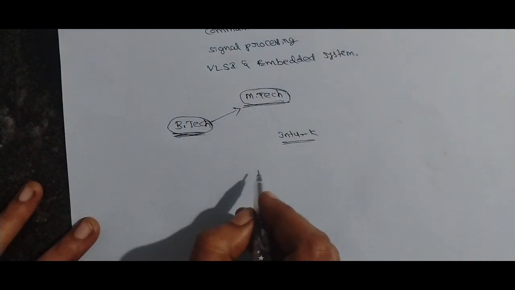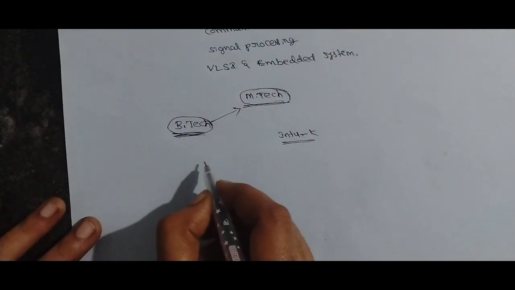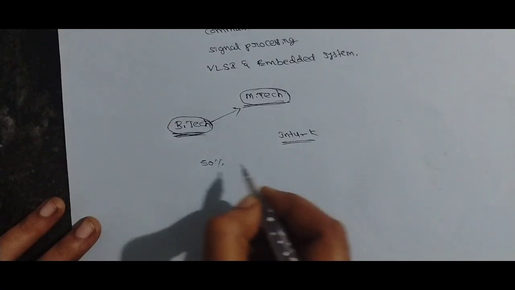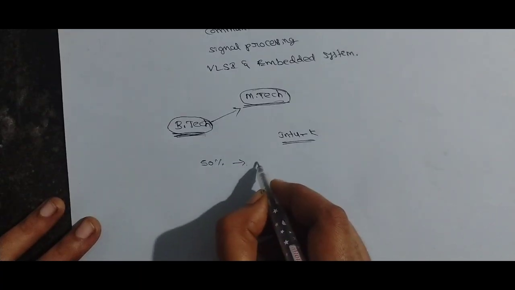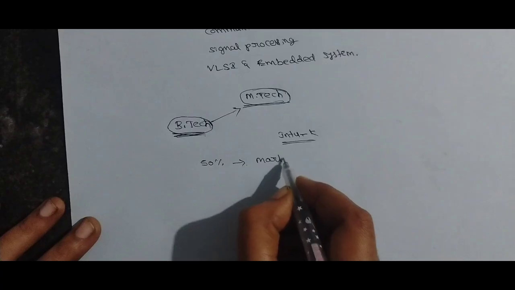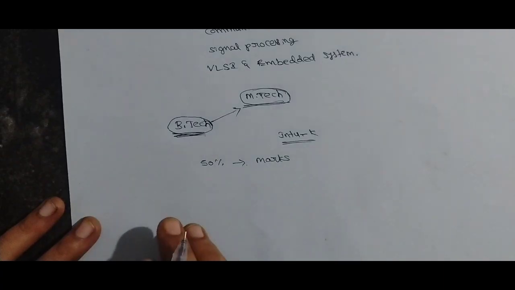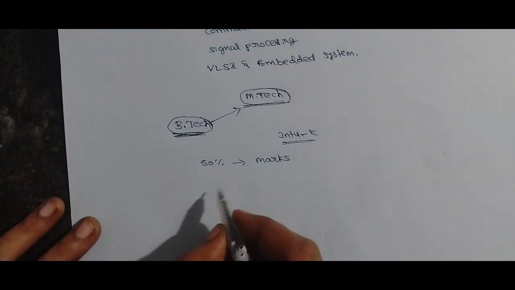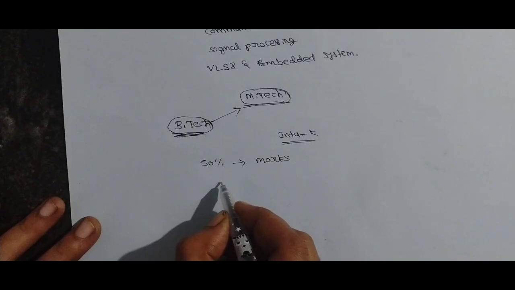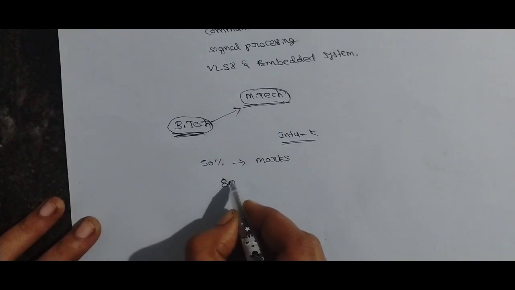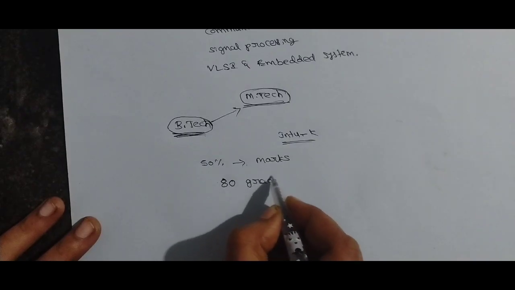But for B.Tech also, there are a few conditions. One is that you should have a minimum of 50% marks, right? You should not have less than 50%. And also grades. There should be minimum 80 grades, right?